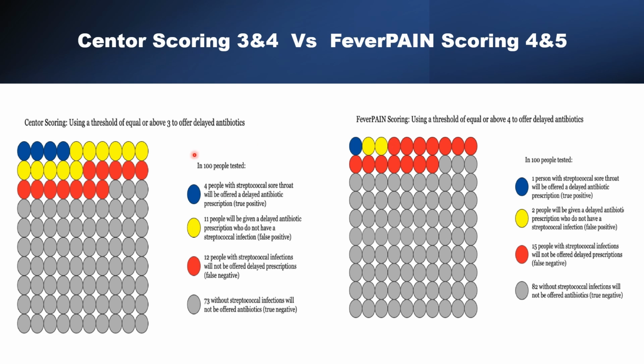And then the false negative cases will be 12 in the Centor and 15 in the FeverPAIN. So this is just a graphic comparison between the two scores. It would show that with the high scoring, FeverPAIN is better at identifying the true negative. The Centor scoring would be better at identifying the true positive cases.